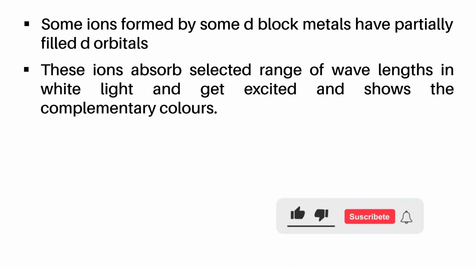Some D block metal cations have incompletely filled d orbitals, so they give colors to the aqueous solutions. But some D block metal cations do not have partially filled d orbitals, so they do not show colors in aqueous solutions.